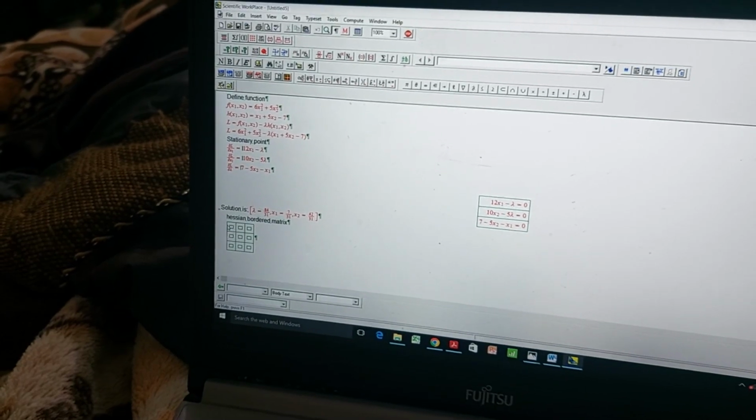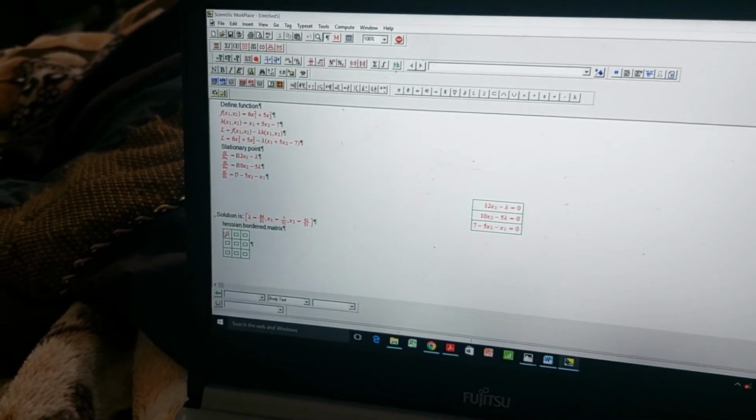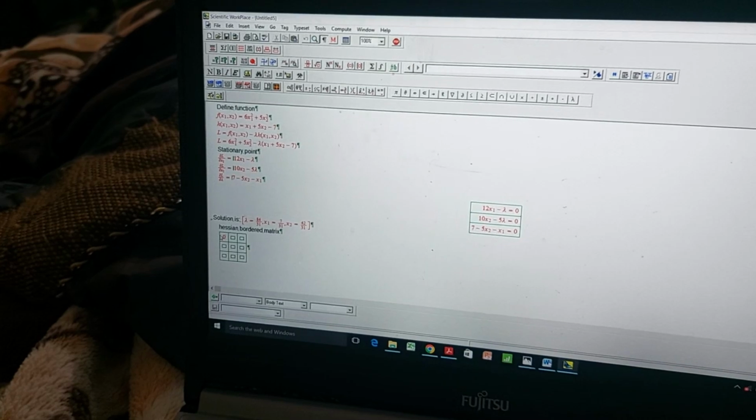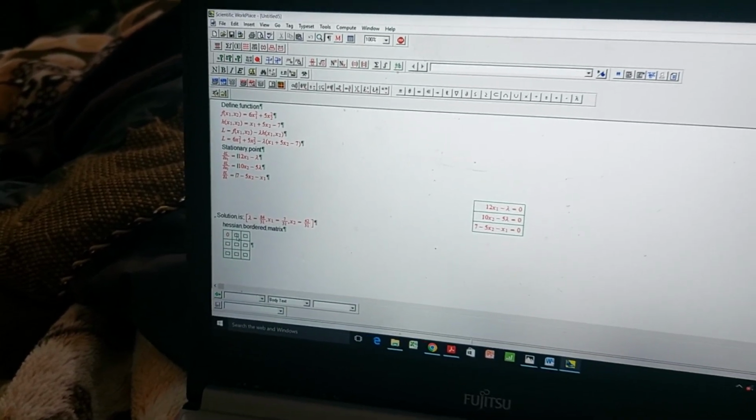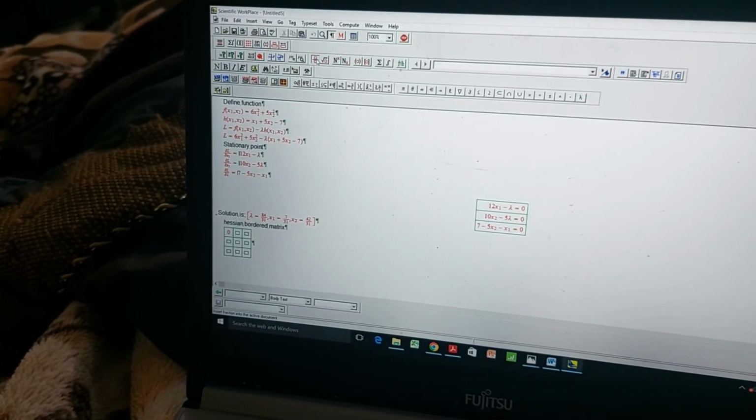This is the Hessian bordered matrix. The first element is 0. The next is the partial differential of h with respect to x1.